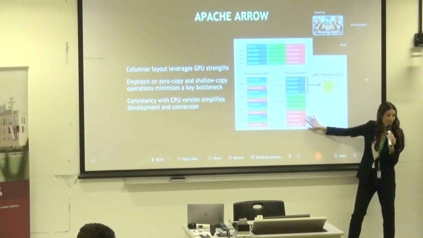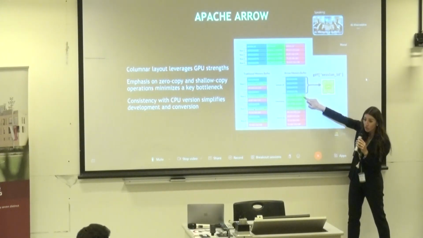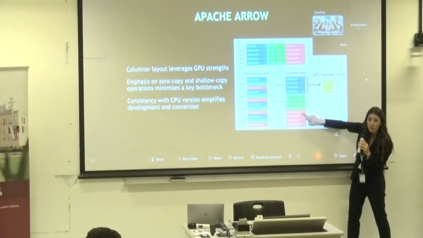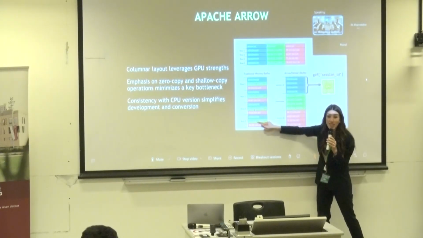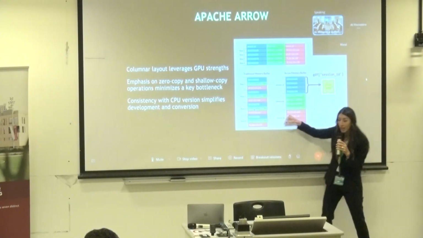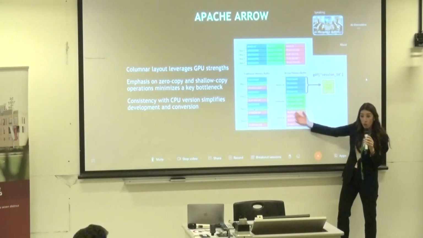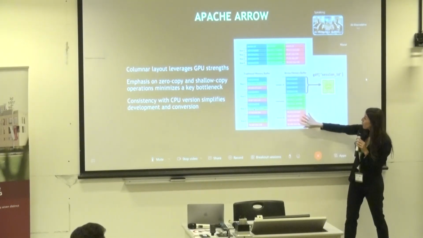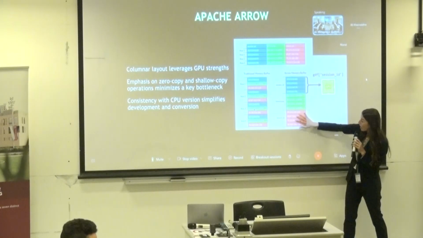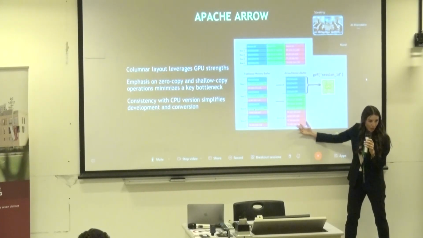The other way, right? Because you only need the location of the first entry, and they are all consecutive. Versus here, the memory access takes more time than accessing data from this particular memory format. This is why Apache Arrow uses this particular column-wise memory format for saving the data in the GPU memory. Okay?